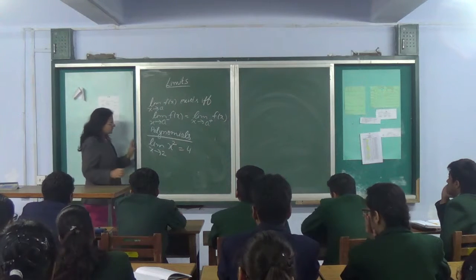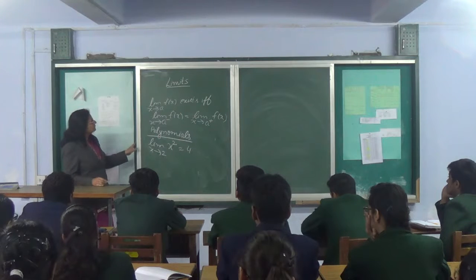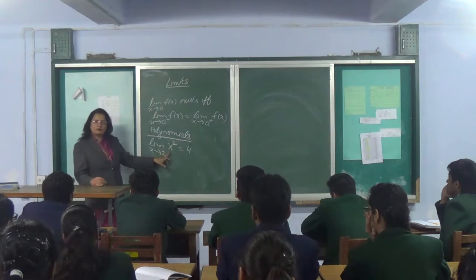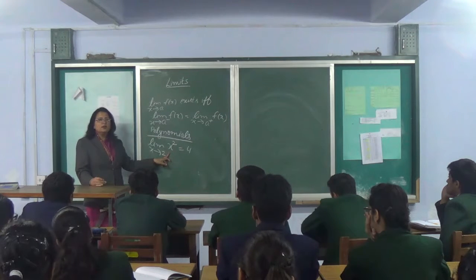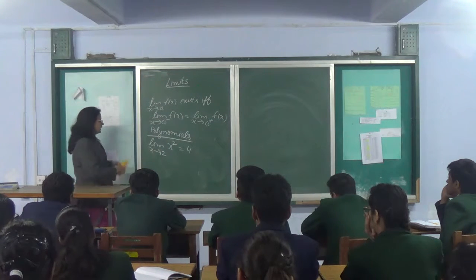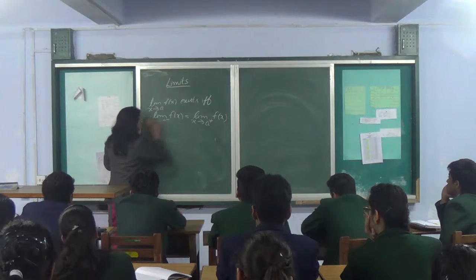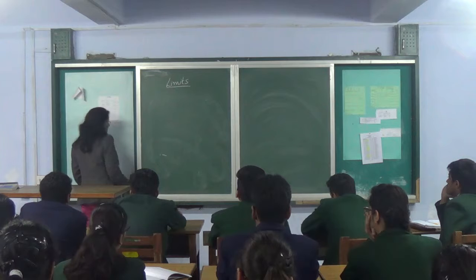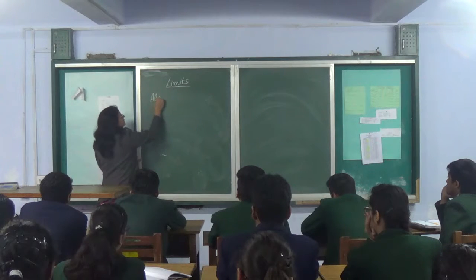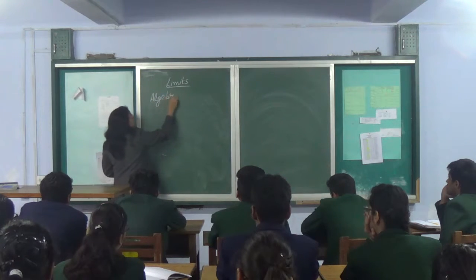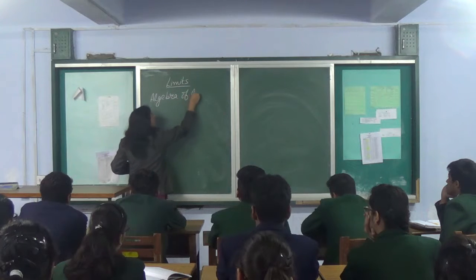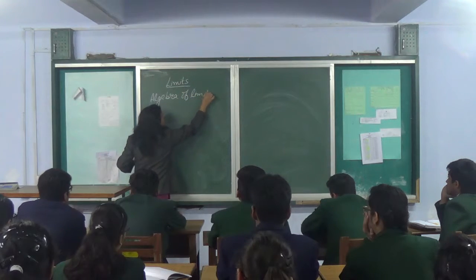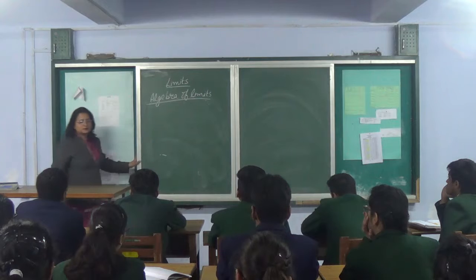So after this, what we have over here is how we evaluate the limit of a polynomial function. Now the next thing which we have is algebra of limits.